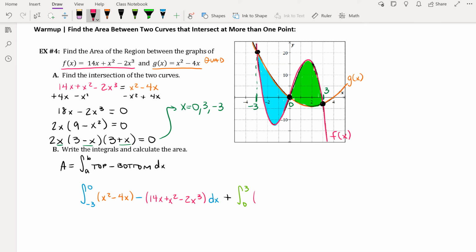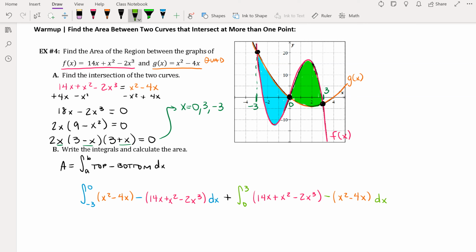So we're going to do 14x plus x squared minus 2x cubed. And then minus my bottom function, which is my g of x, x squared minus 4x dx. Okay. So this is a huge, ugly integral.